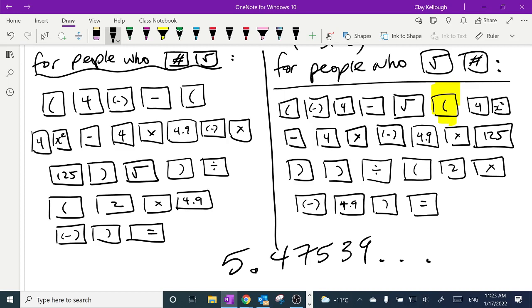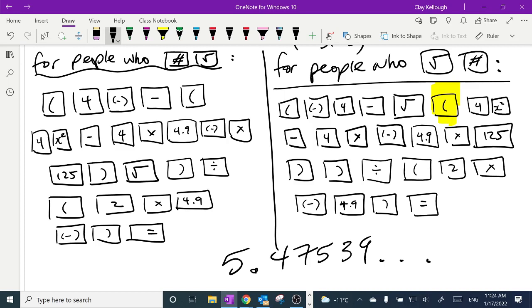Sure. Okay, that works. Let me see if I have another calculator here. I have 3 kicking around. Let me use this one. Open a bracket, negative 4 minus the square root of, open a bracket. This one I have to open the bracket myself. 4 squared minus 4 times negative 4.9 times 125.